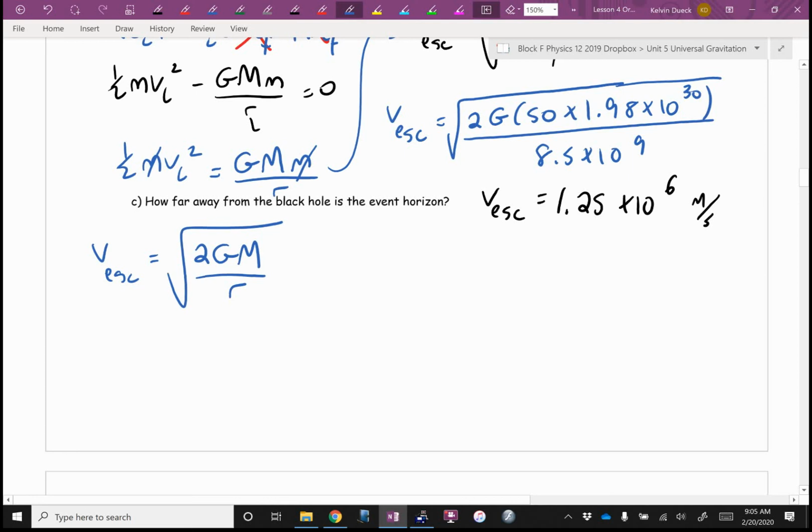We're going to get the r by itself because it's asking how far away. But we're also going to let the escape velocity be the speed of light. Except we have a symbol for the speed of light, do we not? Okay.